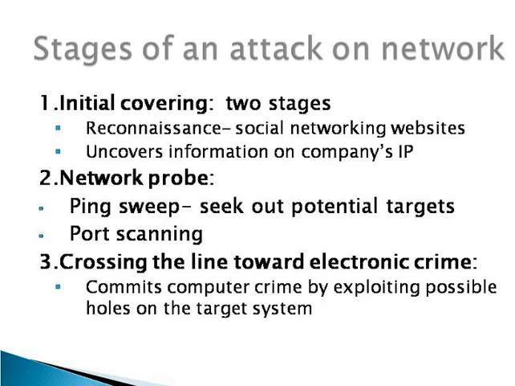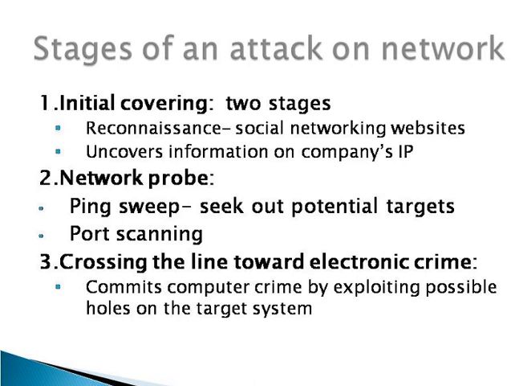Next, it is the third stage of a network attack. This is crossing the line towards electronic crime, or simply an e-crime. In the first two stages, the initial covering and the network probe, he just gathered information and found the loopholes through which he can enter the system.